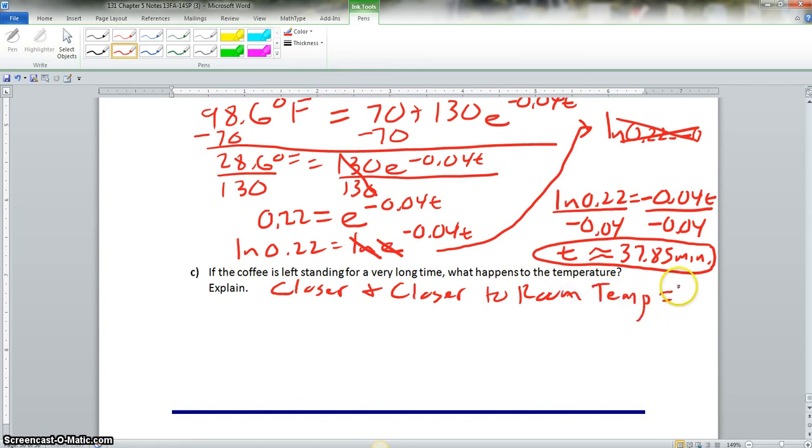Now, the typical room temperature is about 70 degrees Fahrenheit. Now what we want to do is check this with a calculator. So we'll check it with a calculator.